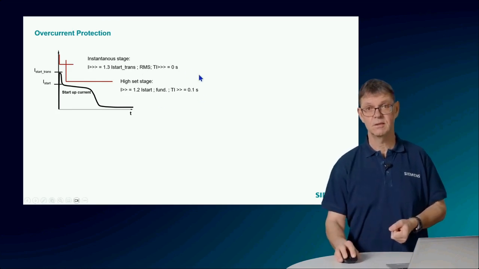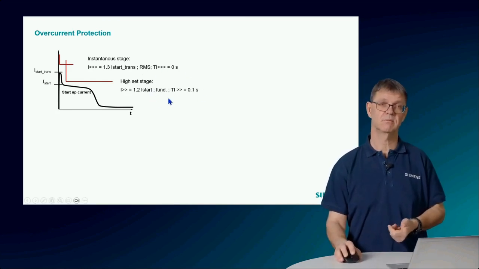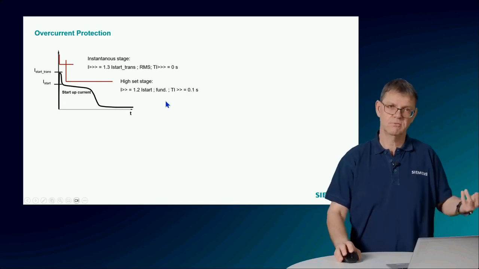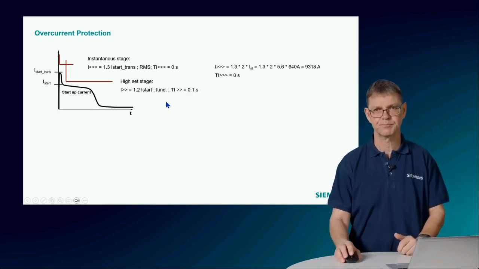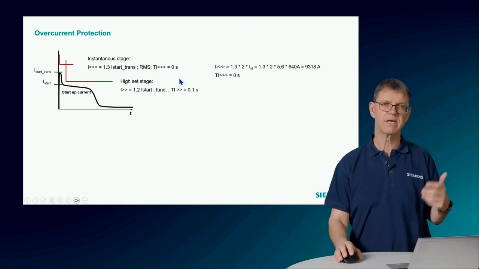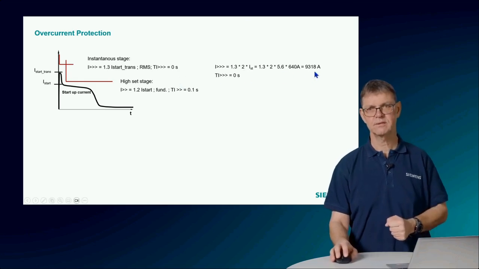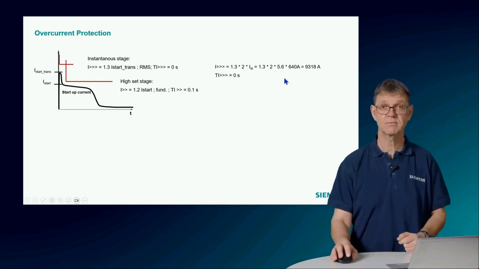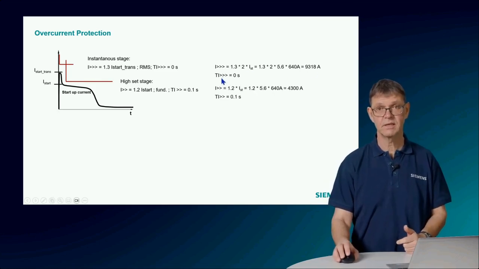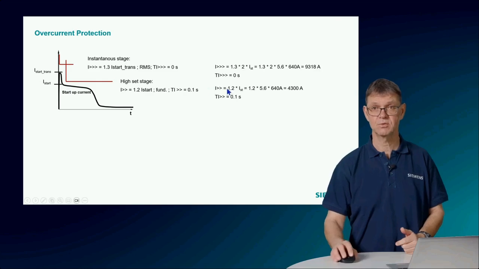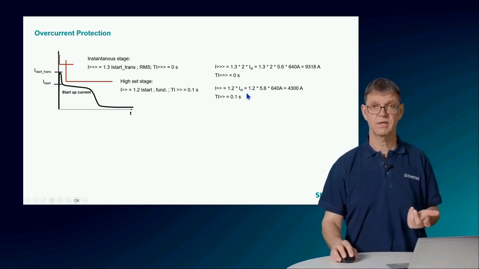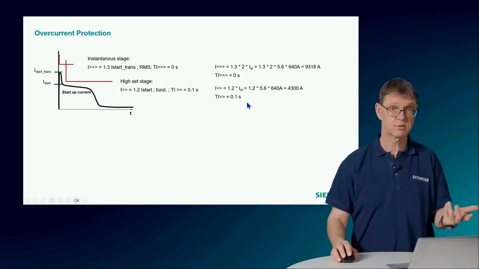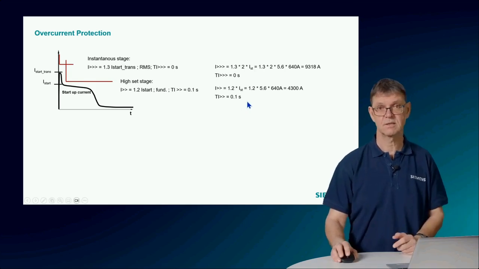So here the idea is to use the fundamental measurement, so the first harmonic basically. Okay, if we take our values and calculate this, then we see we have 9,318 amps with no time delay, and for the other stage we come to 4,300 amps, and we apply first 100 milliseconds as a time delay.